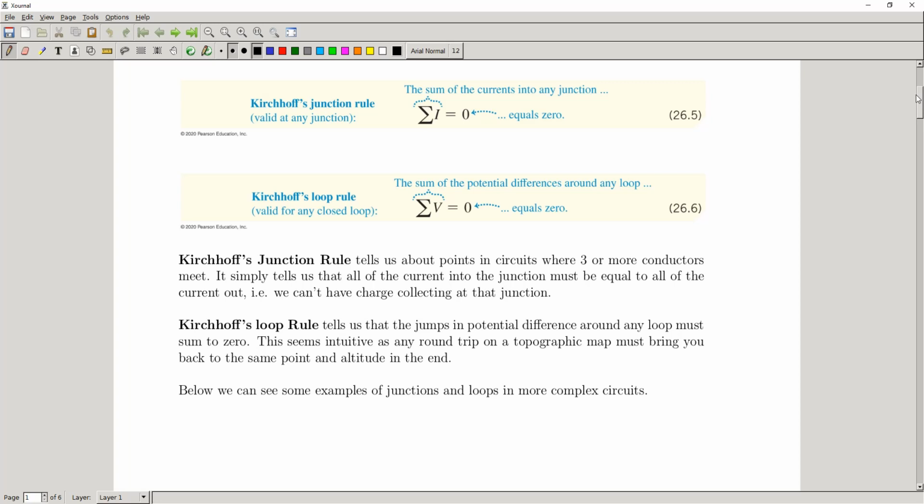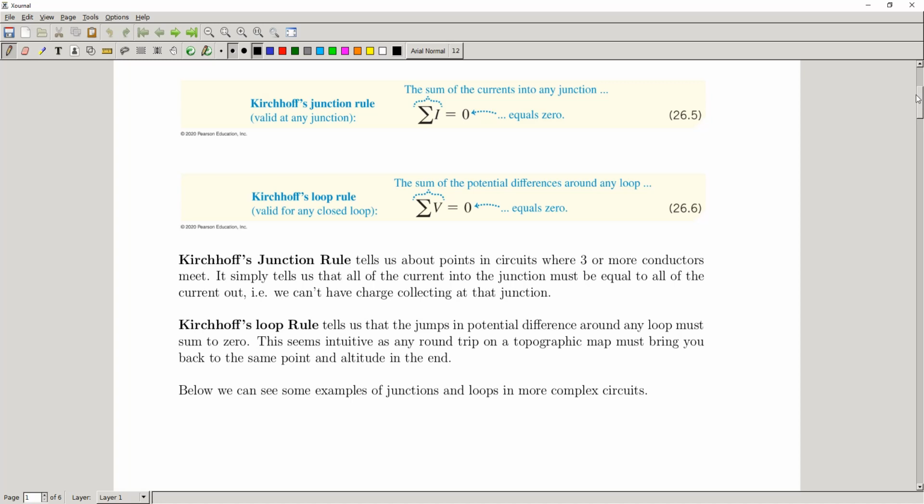This is what we talked about in the last video and have been alluding to. If we think of this water analogy, let's say we have a river that splits into two streams, all the water coming down the river, if we add up the current coming in, it has to add up to the current going out. Otherwise, again, we have water pooling.